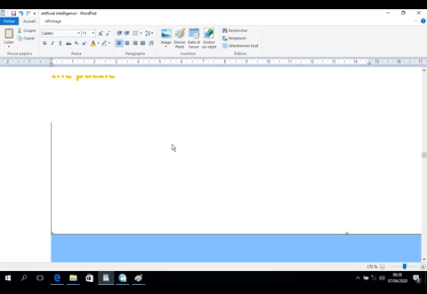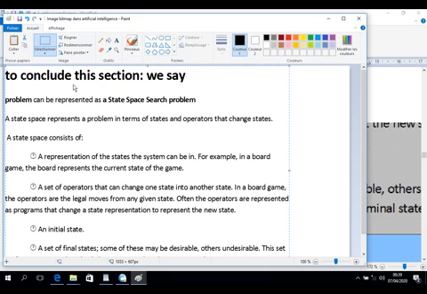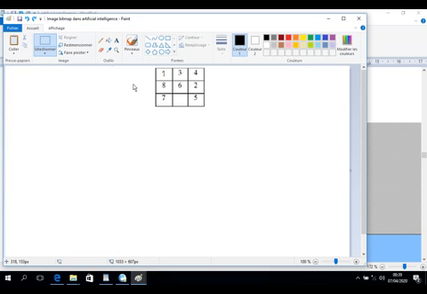Now let's move to the second problem, the board game. Okay, this is the initial state.